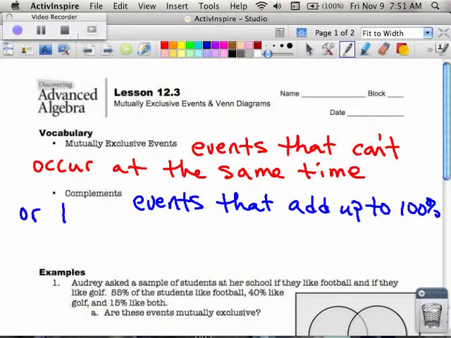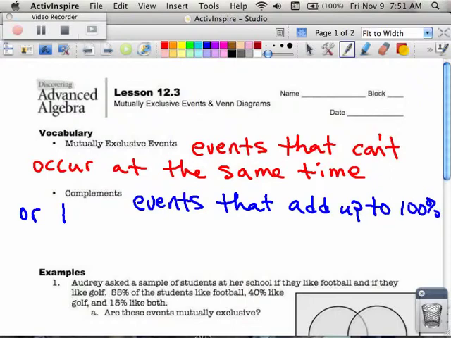So there was the things that we talked about wearing Uggs, and we had one person who had a 25% chance of wearing her Uggs, and then not wearing the Uggs was 75% chance. Those two are complementary to each other because they add up to the total 1 or 100%. Either she does or she doesn't, so the total is 100.